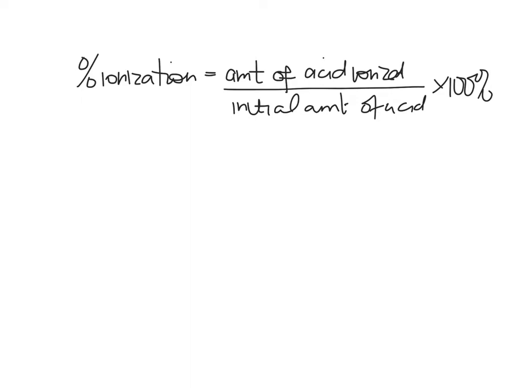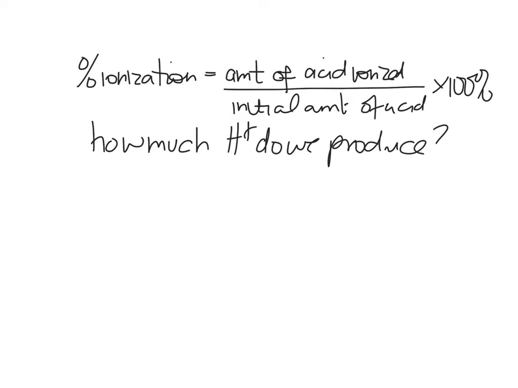Percent ionization tells us how strong the acid is. So percent ionization is basically how many hydrogen ions we produce. So for strong acids, it's pretty much 100%. Whereas for weak acids, it's less than 50% usually. Sometimes it's as low as 5%.